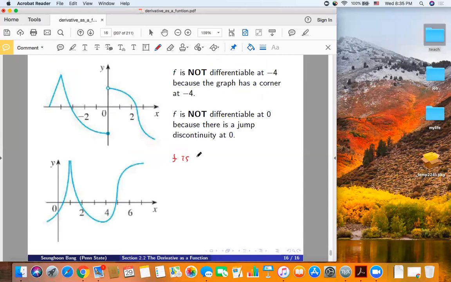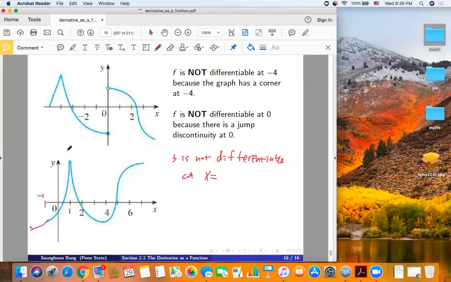Function f is not differentiable at x. What is the x value? -1? We don't have -1. The -1 is here. So let me see. This is well connected, like this. Is it 1? 1, 5, 1. This is 1.